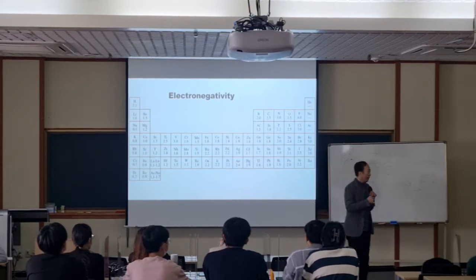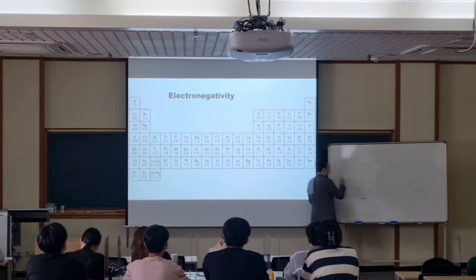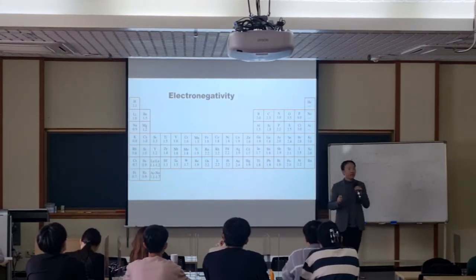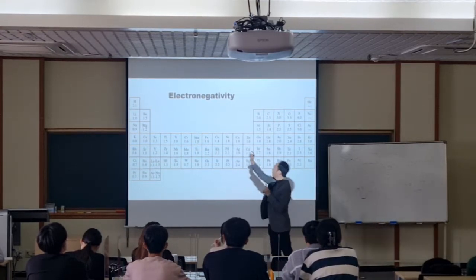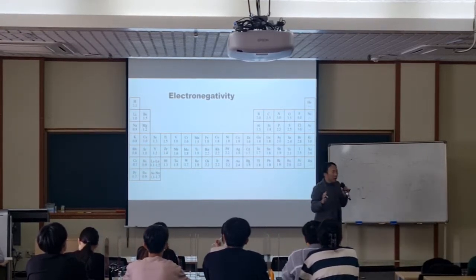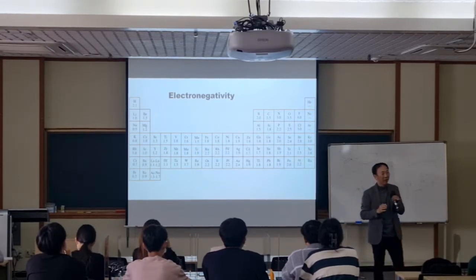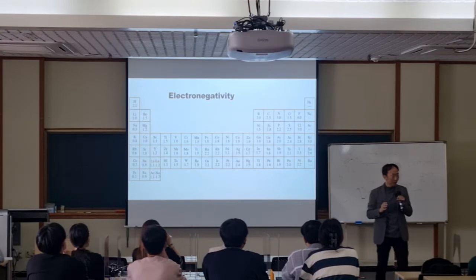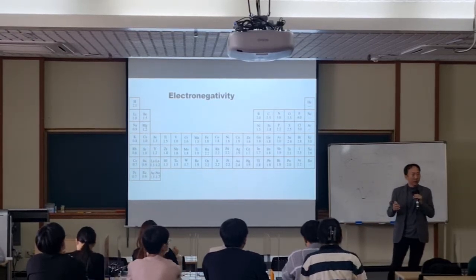Okay, CH. The problem of CH is that reactivity is very low. The difference between 2.5 and 2.1, the electron is a little more shifted to hydrogen, but that difference is not much. It's closer to a covalent bond. Means maybe 20% shifted, 30% shifted.